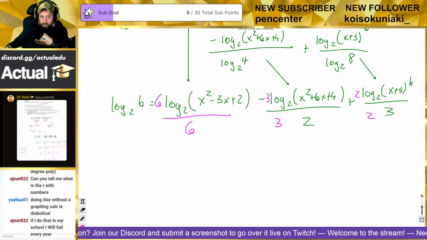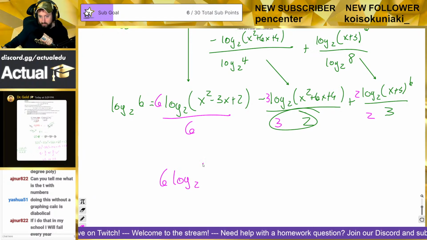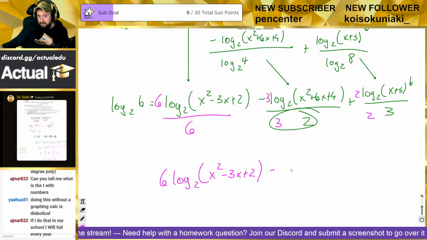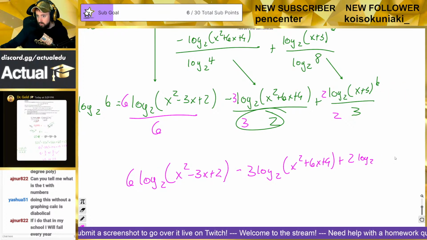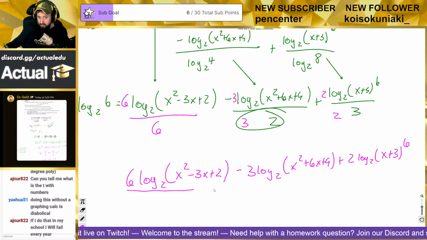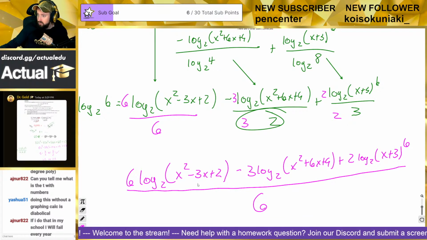So doing so, everything here is over 6. I'll get 6 log base 2 of x squared minus 3x plus 2, minus 3 log base 2 of x squared plus 6x plus 9, plus 2 log base 2 of x plus 3 to the 6, and then all of this is over the common denominator of 6.